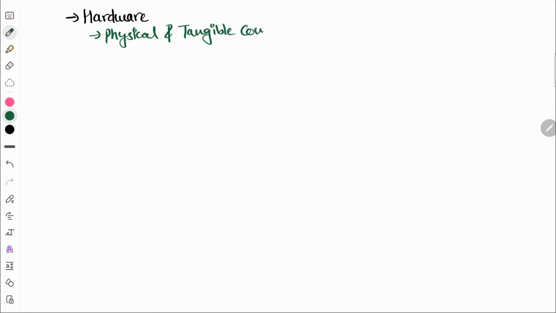Hardware is the tangible component, the component that can be seen and touched.